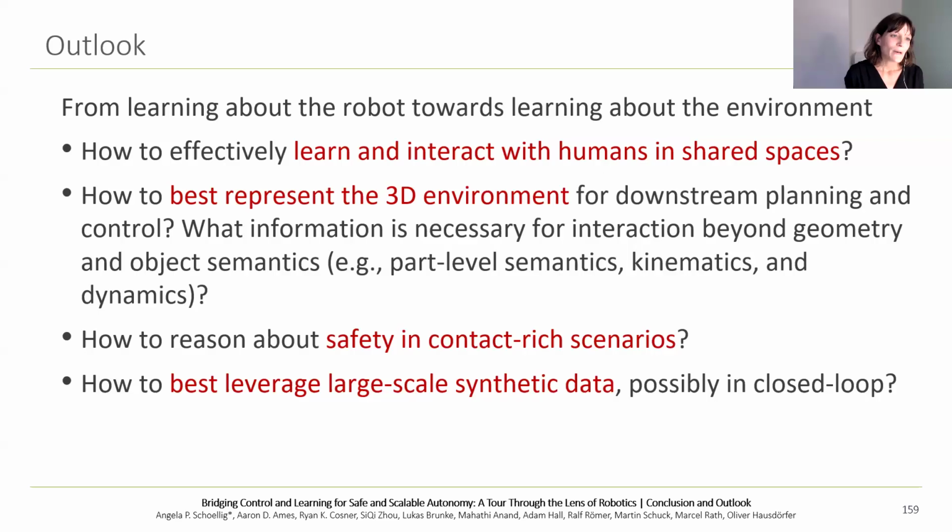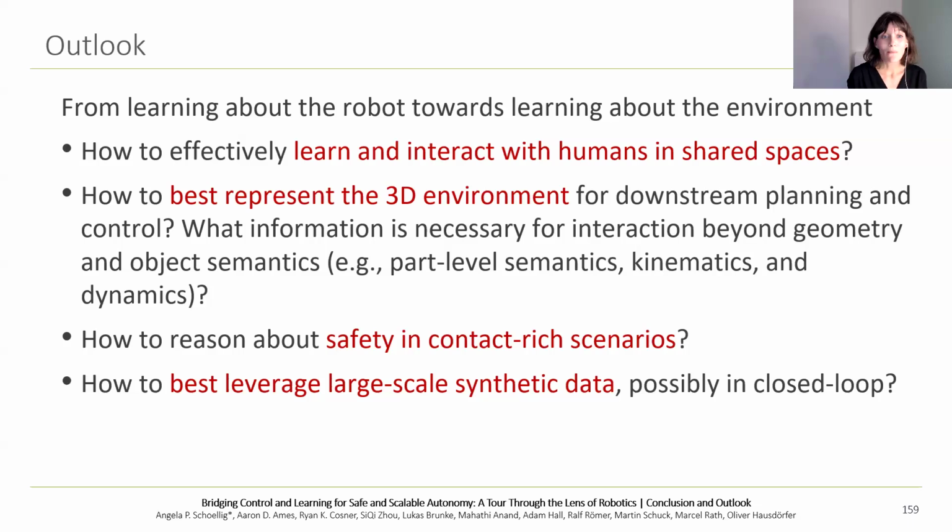We learned a lot about the robot dynamics, and we showed a lot of that in this tutorial, but learning about the environment, we only touched on at the very end. Open questions are how to effectively learn and interact with humans in shared spaces.